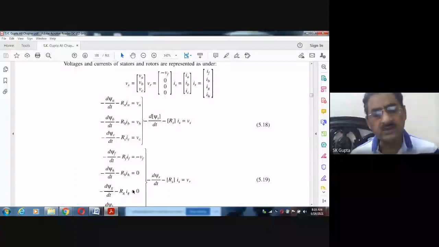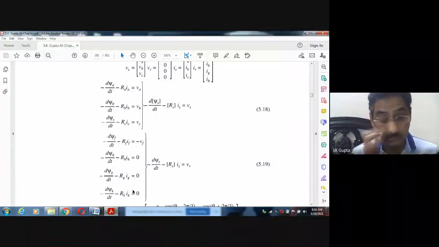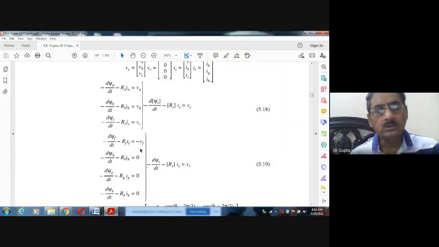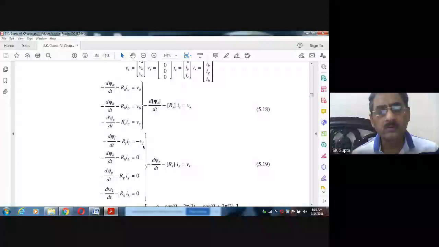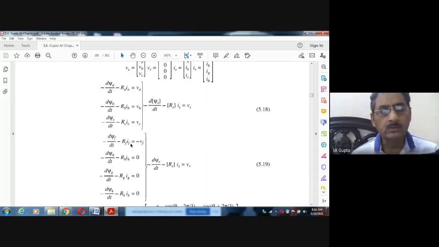On the rotor side, these are the equations. Vf is the voltage of the field winding. So Vf of the field winding is equal to IF RF plus the d psi f over dt term, because current is flowing.